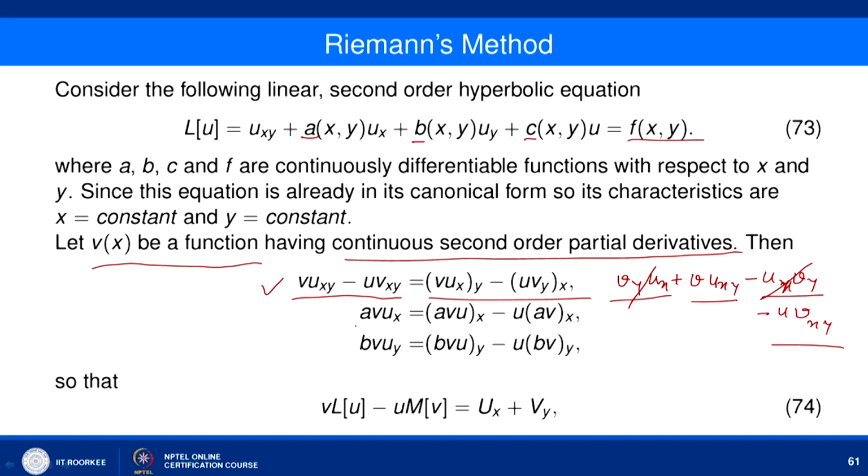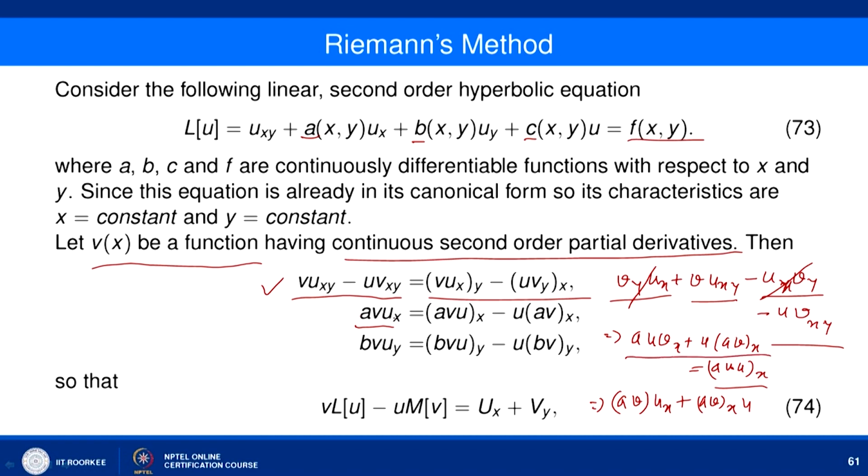Then I can write a v u_x equal to (a v u)_x minus u (a v)_x. That is, a u v_x plus u a v_x equal to a v u_x, and if you simplify this, it is a v u_x plus a v_x u, which is already written here.